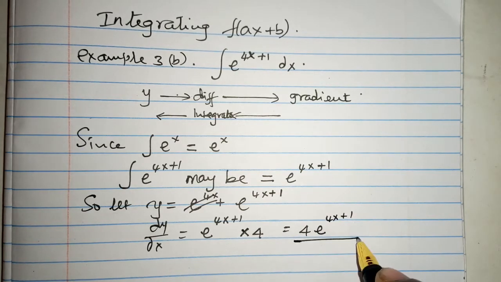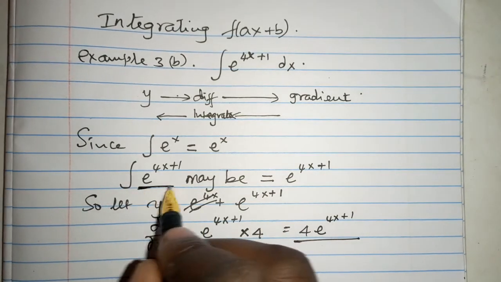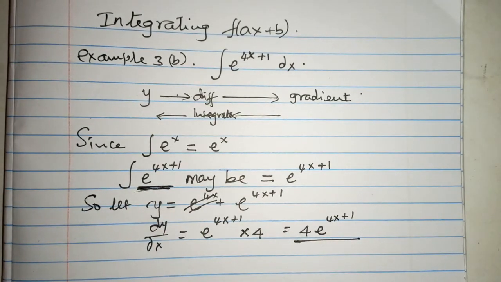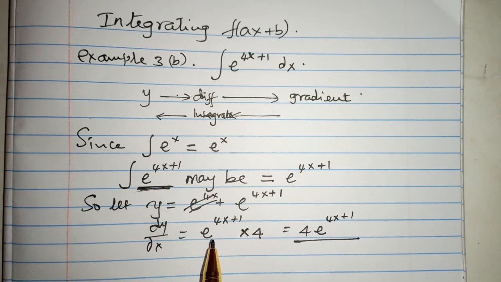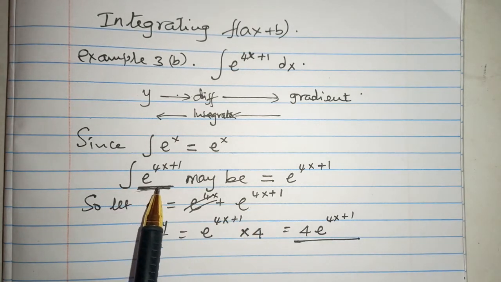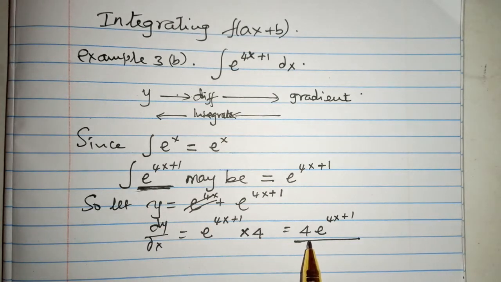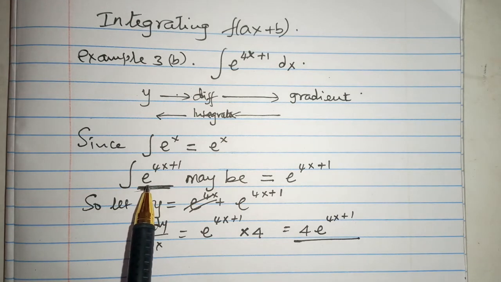I want us to compare that with what we were to integrate. We have differentiated what we suspected would have been our function to give us this gradient, and it has given us 4 times what we wanted.